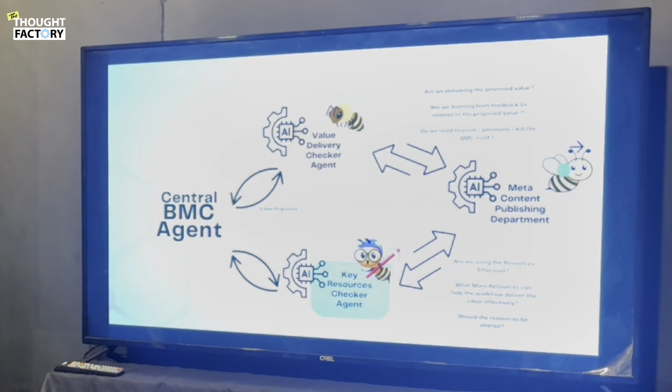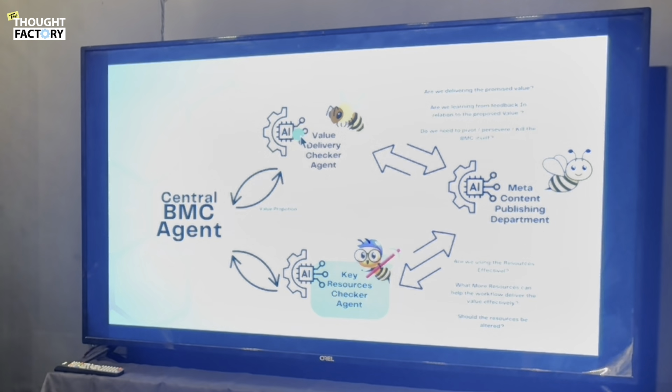This meta content publishing department is a set of workflows under this. Consider these like worker bees. These are the ones who go out, find content, find nectar, and get that nectar back to the hive.